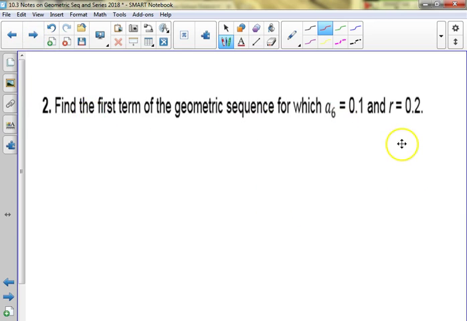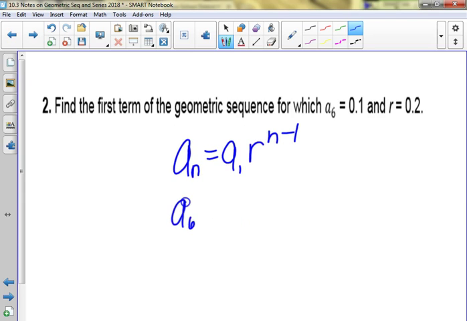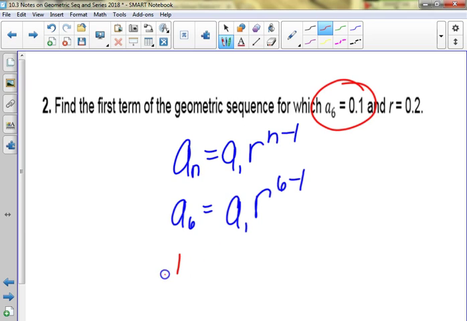Find the first term of this sequence, okay? So if you like formulas, you could do this. The 6th term is the first term times the ratio 6 minus 1 times. What are we going to plug in here? 0.1 is the first term times the ratio 5 times.